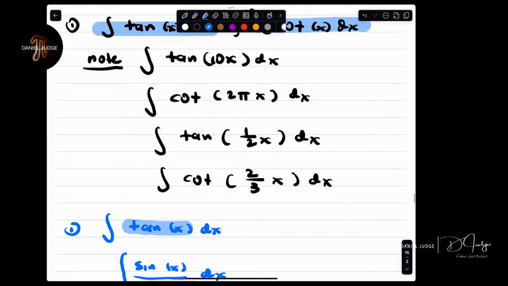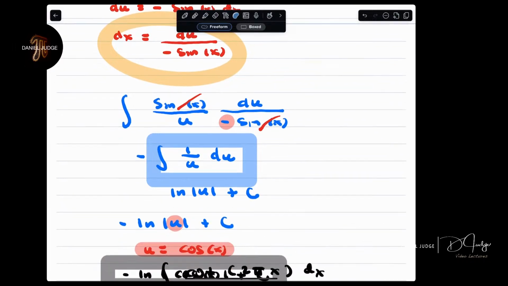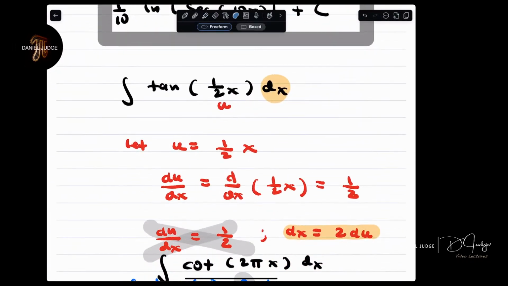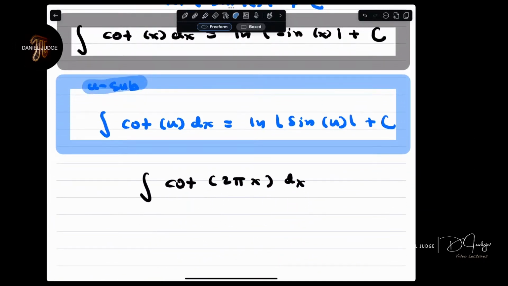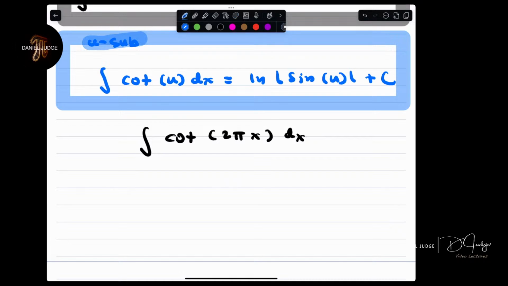How about this one? We'll give you guys a few examples here of this as well. And I'm going to remind you, let u be 2 pi x.